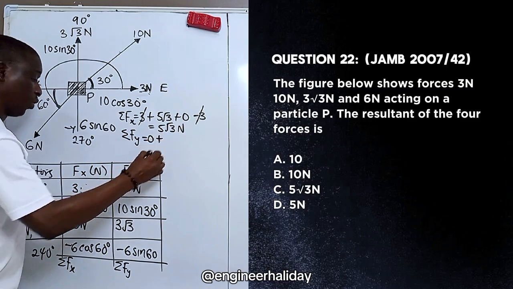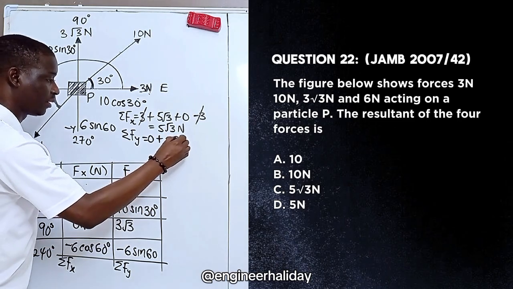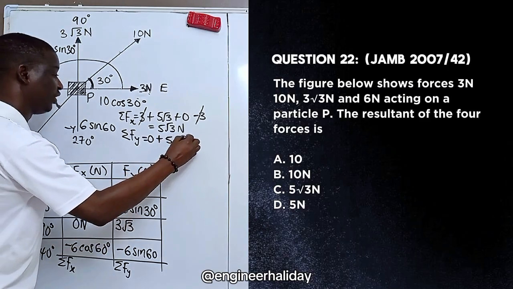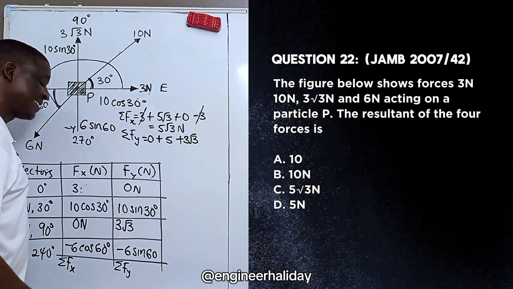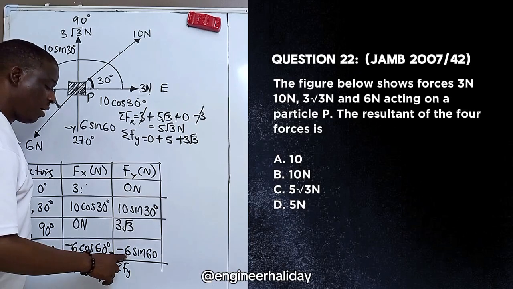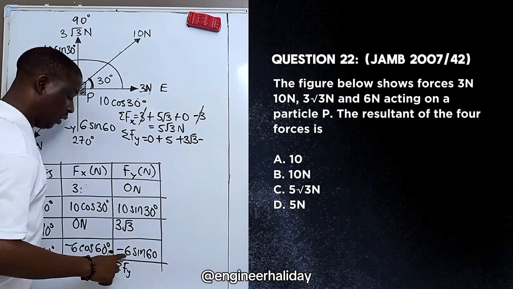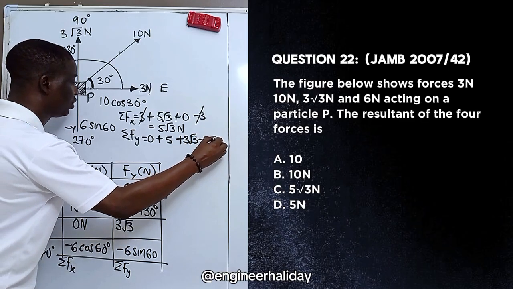Summation Fy will be 0 plus, sin 30 is 0.5, which gives 5, because 0.5 times 10 is 5. Then 3 root 3, then plus sin 60, which is root 3 over 2, with minus: root 3 over 2 times 6 will give us minus 3 root 3.